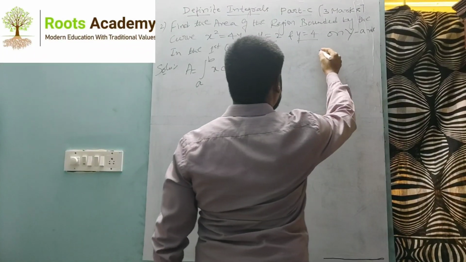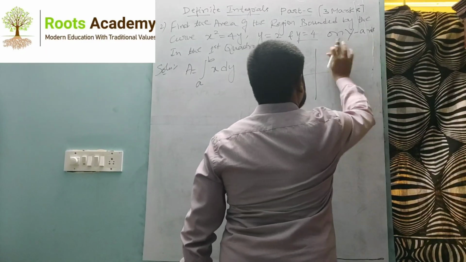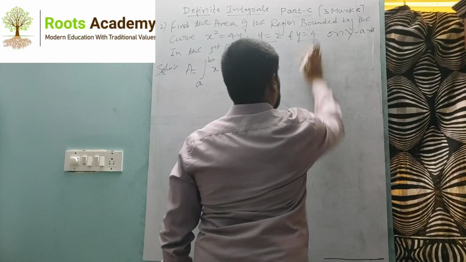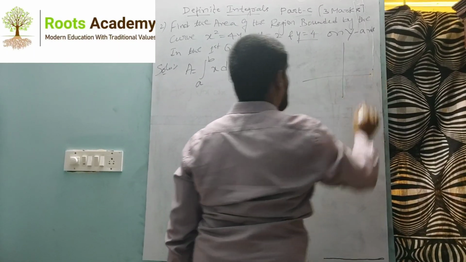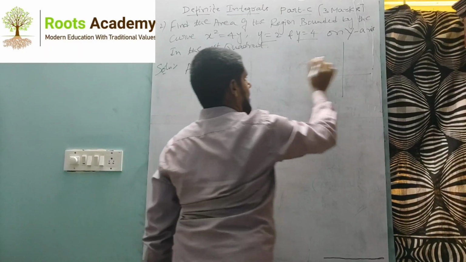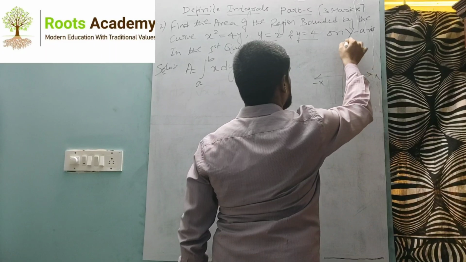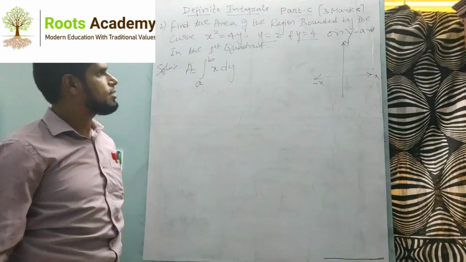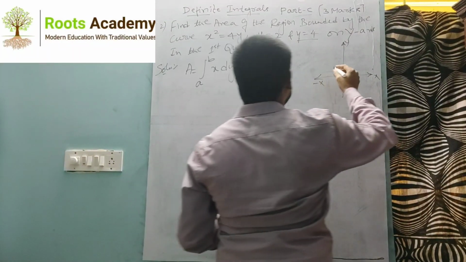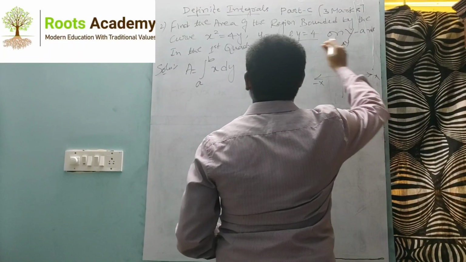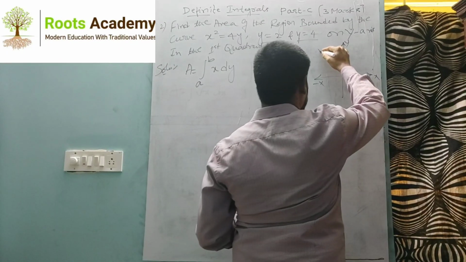Students, so what is the graph of this? What all do we want to plot the graph? Start with the y-axis. Negative x, positive x, positive y-axis. So x square is equal to 4y.